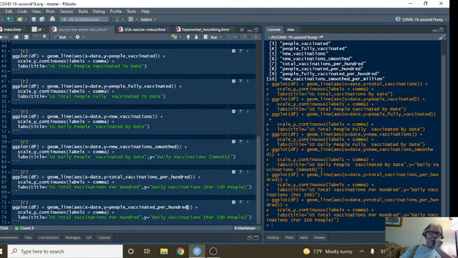So this must be the total doses per 100 because this says people vaccinated. This is one of those cases where you really need to look at the data catalog to understand exactly what's really going on here. But that's okay. We'll take a look at it ourselves.